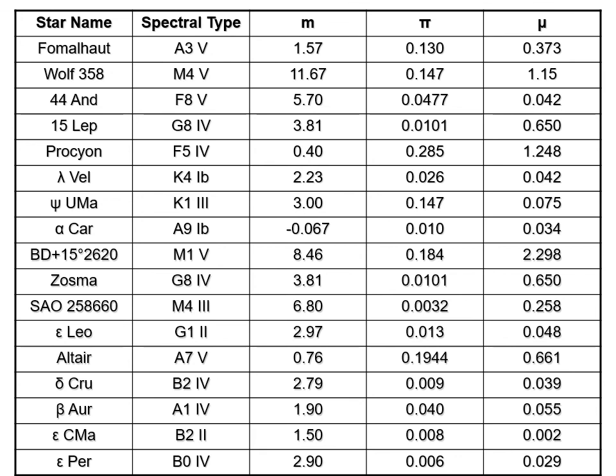The first 3 stars on this list are all main sequence stars. Remember, Roman numeral 5 means main sequence. So the question is, which of these stars has the most mass? Think back to the previous slide.